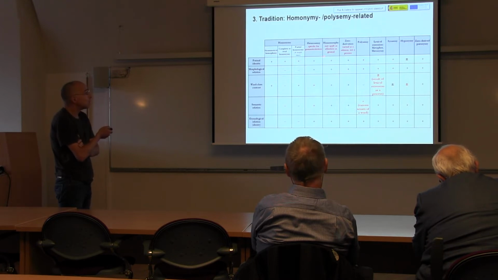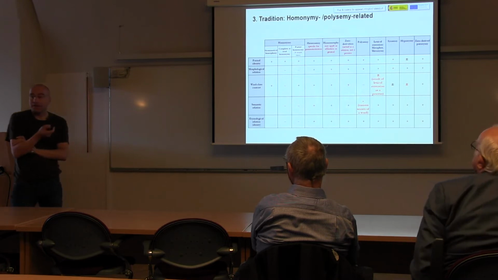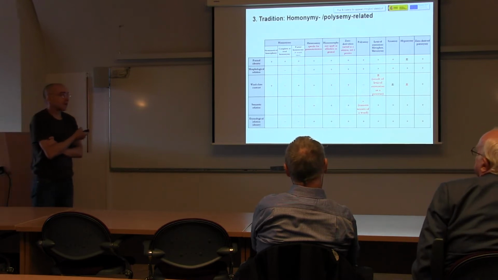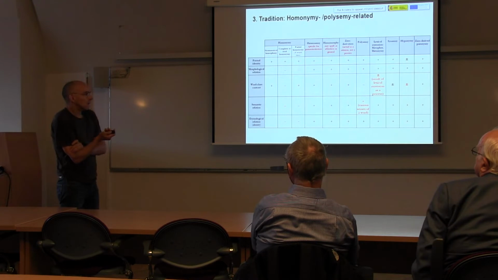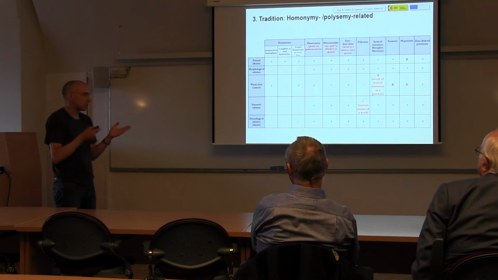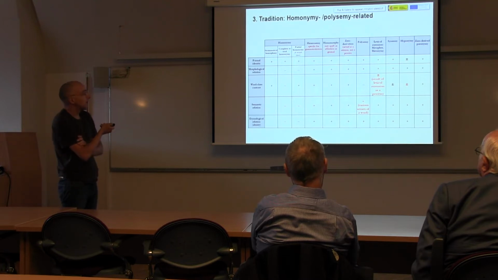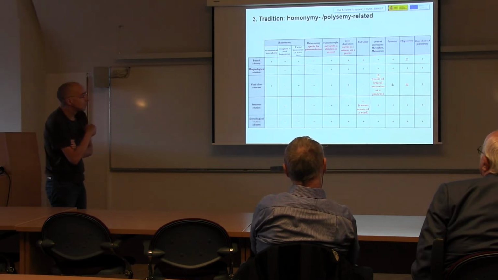We have homomorphy, but then homomorphy may also apply in any case of affixation. When we have act, actor, it can also be said that there is a relationship of homomorphy. So it is not specific for conversion. Then we have polysemy, lexical extension, synsemy, hyponymy, and then zero-derived paronymy.